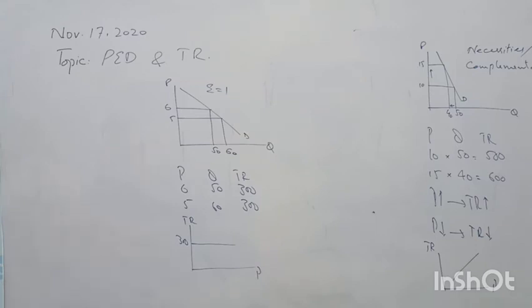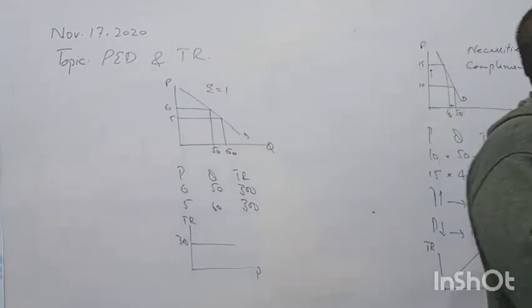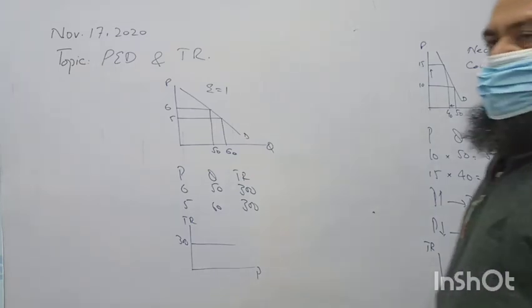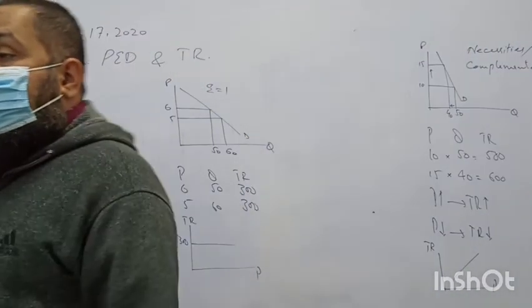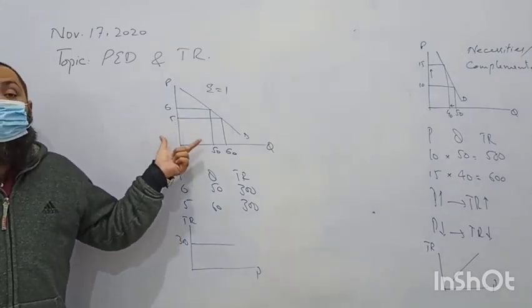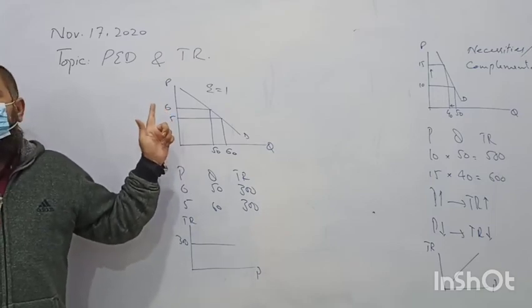And in case of rectangular hyperbola demand, we have the same thing. The revenue or income will remain the same. You can draw the same diagram. But here revenue is the same. If you are calculating elasticity by using the midpoint, then it will be unitary. Otherwise it cannot come unitary.